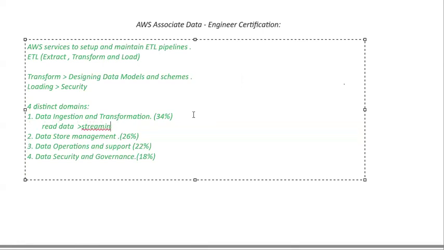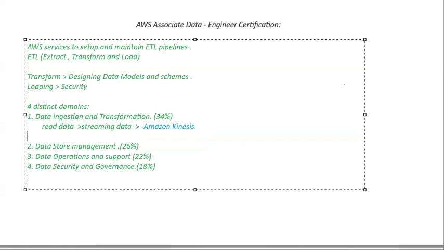Is there any service in AWS where I can read this streaming data? Yes, there is a service. The service name is Amazon Kinesis. By using this service, you can read the streaming data.